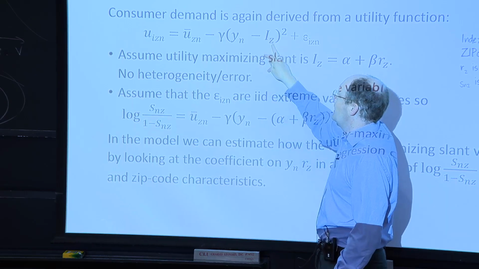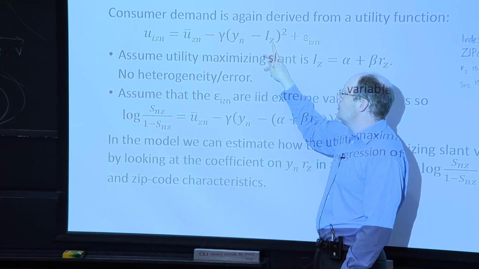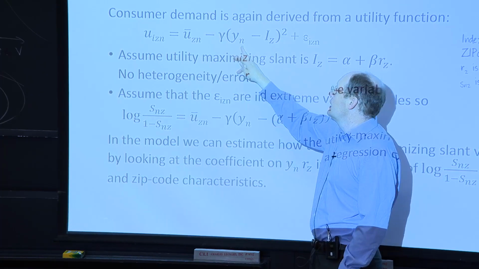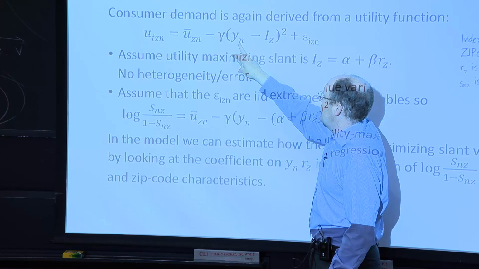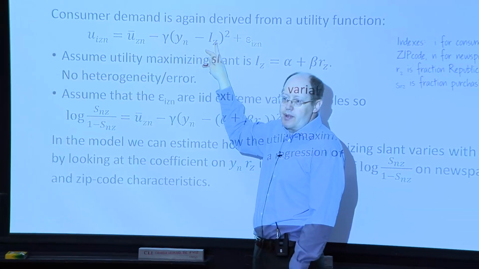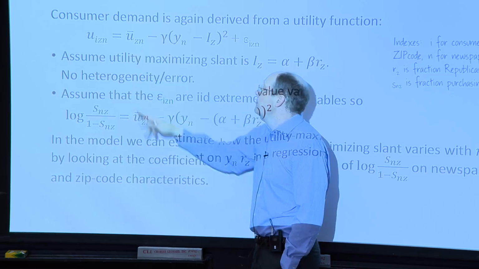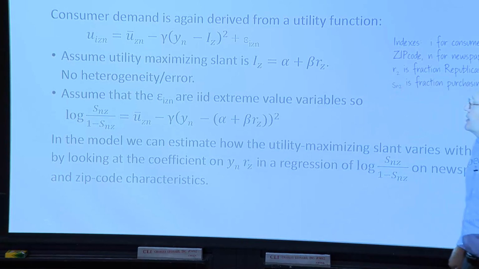So I_Z is the ideal slant of all people in zip code Z. Y_N is the actual slant of newspaper N. So as the slant of the newspaper differs from what's ideal for people in that zip code, utility of people in that zip code goes down. And then there's a random error term. Okay.